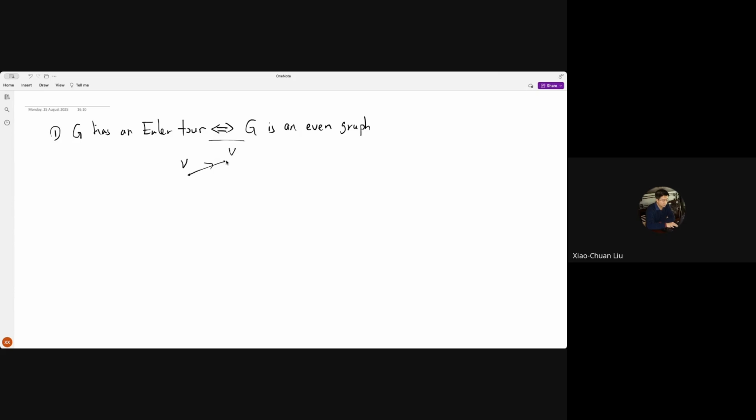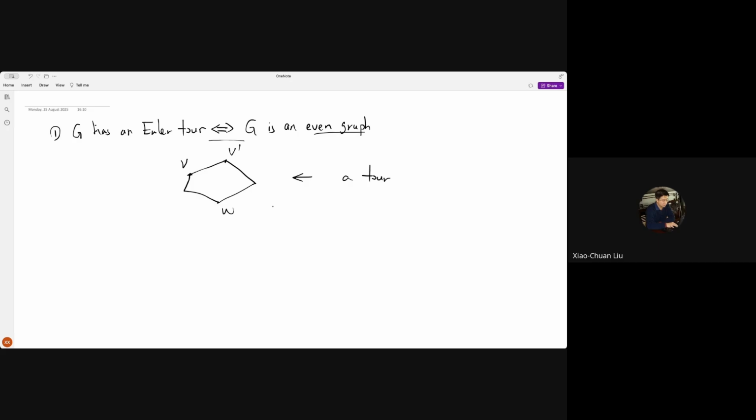Every time you arrive at some vertex v prime, you are able to leave it, because when you arrive you use one of its degree, but every vertex has even degree, so you can go away. Because this happens for every vertex, if you arrive at w, you can go away. But eventually you argue that you have to arrive at v itself. Then you get a tour.